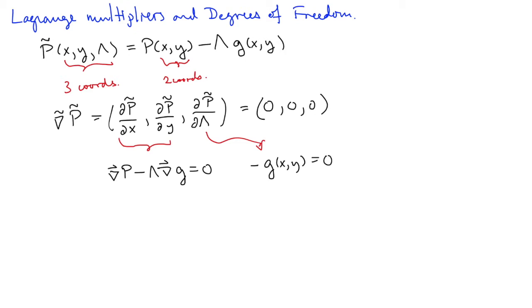So writing this new function of 3 coordinates, not our original function of only 2 coordinates, but adding an extra coordinate in the form of this Lagrange multiplier, has allowed us to create something that looks identical to the normal procedure that we would have followed for stationary points of an unconstrained function. So this is, in our case, 2 equations plus 1 constraint.